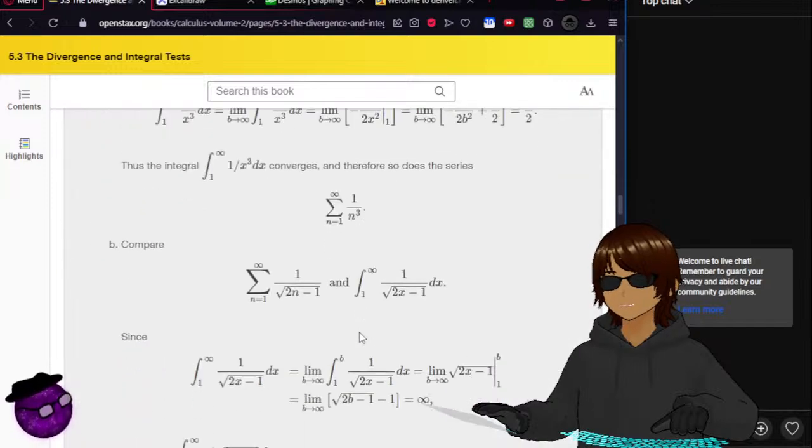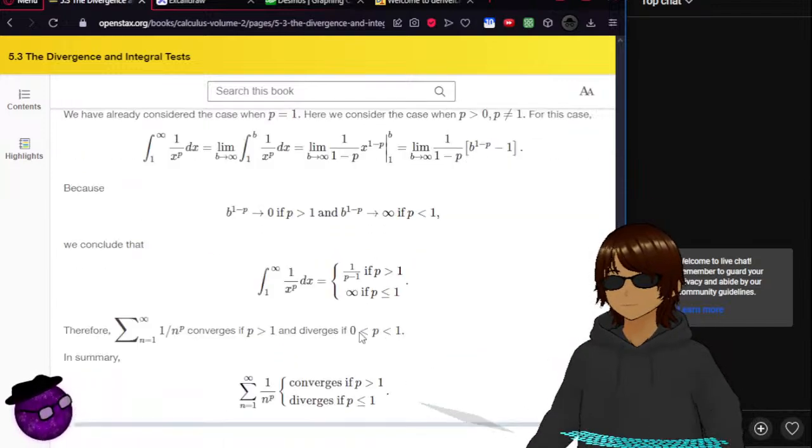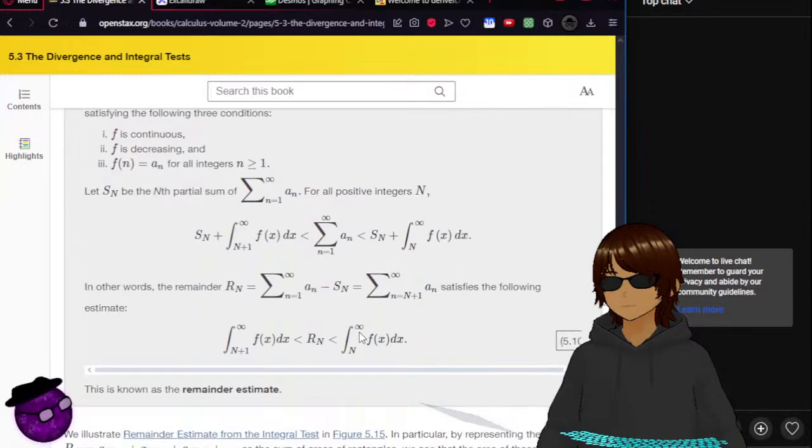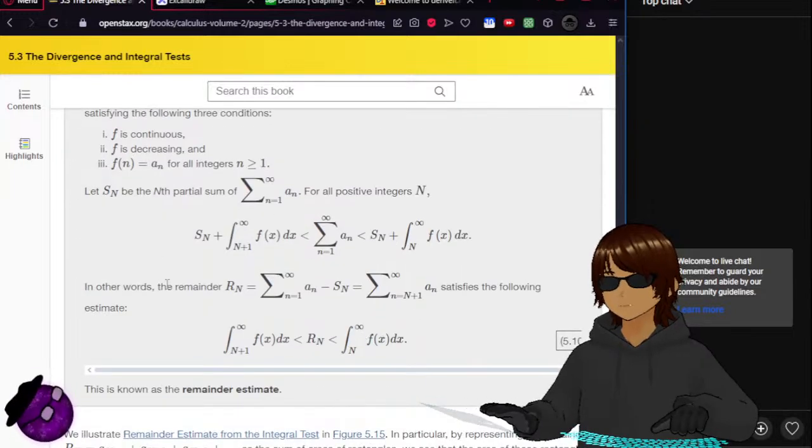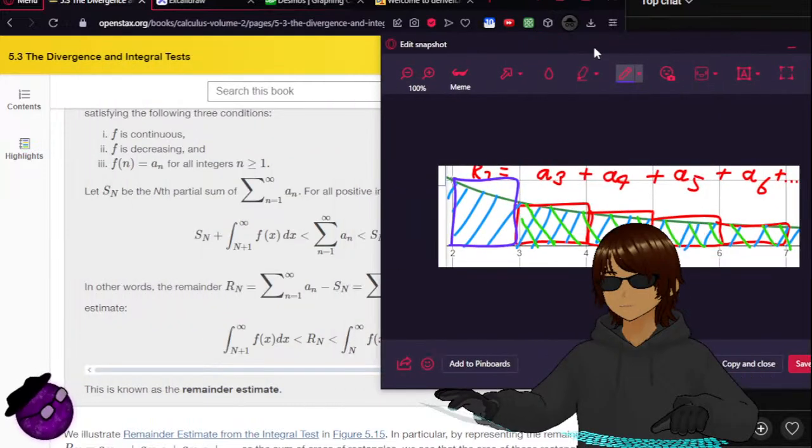I don't understand. I think I would need a better proof of this. How is it between these two? The integral here does not make sense.